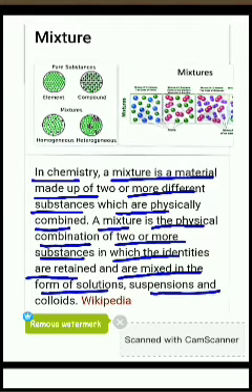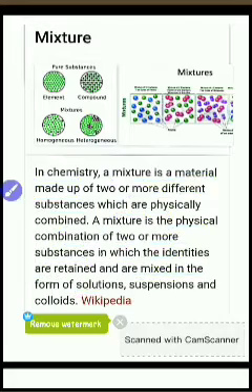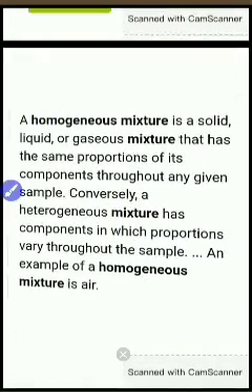suspension and colloid. Next we will discuss about kinds of mixture. Two kinds of mixtures are available, homogeneous mixture or heterogeneous mixture. First we have to discuss about homogeneous mixture. What is homogeneous mixture?